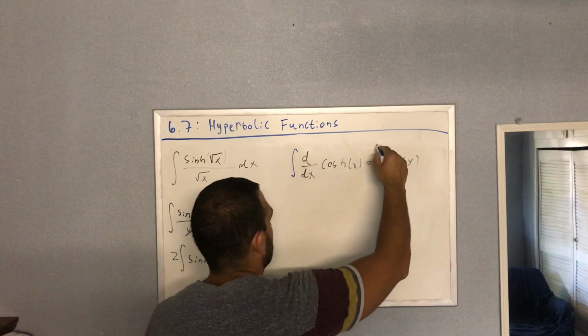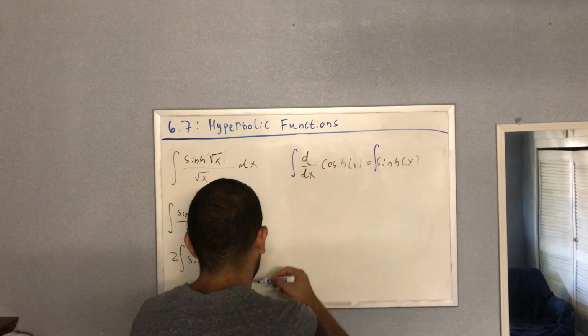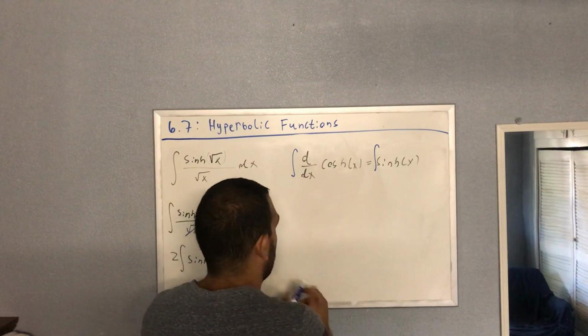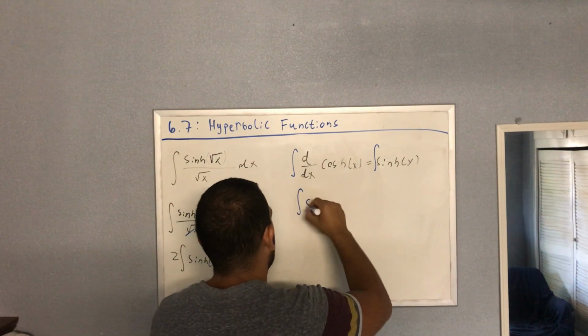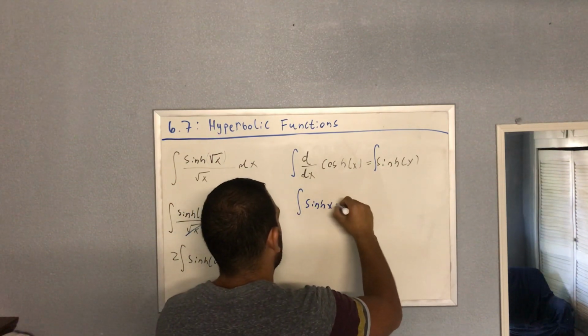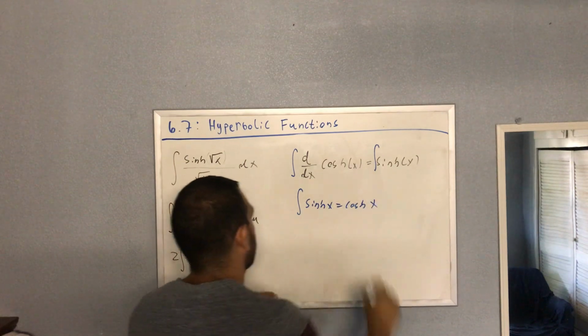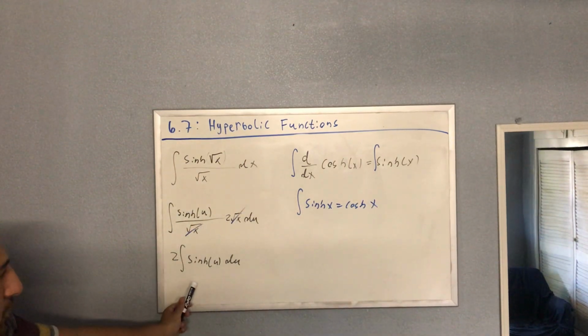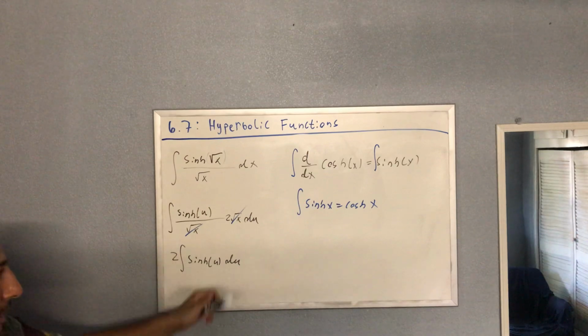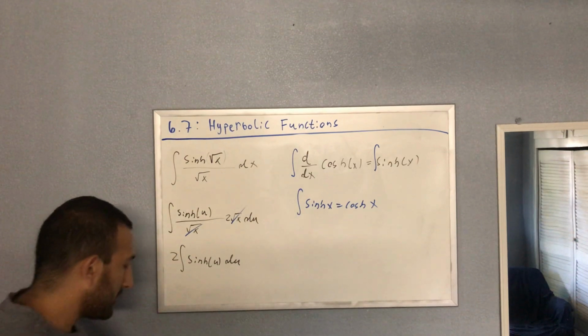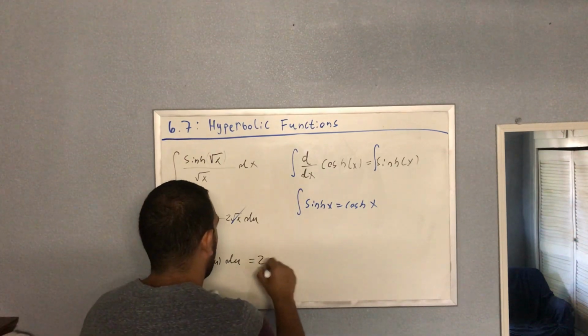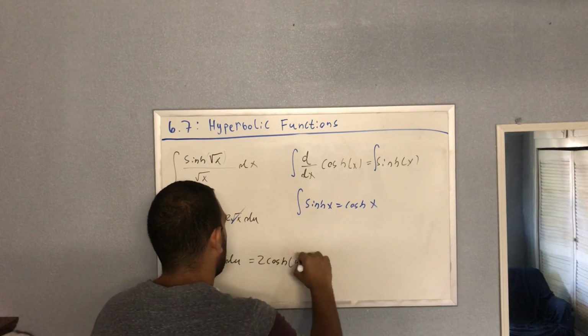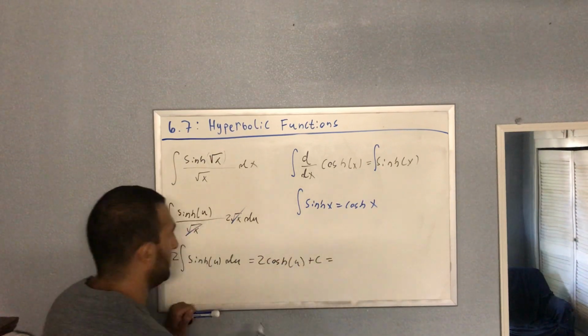You take the integral of both sides, cancels out here, and this means that the integral of sinh is cosh. So we do know the integral of sinh. It's just cosh. So this becomes twice cosh of u plus c.